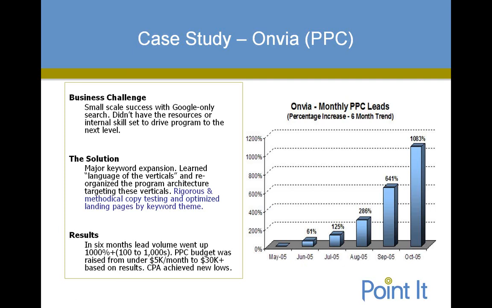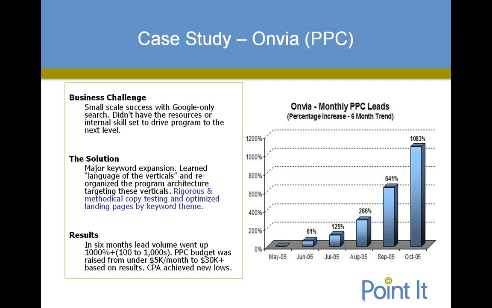So they created various landing pages that were keyword optimized. They matched the keywords that we were using in the search engines, so basically optimized by keyword theme. And that's what's important here.